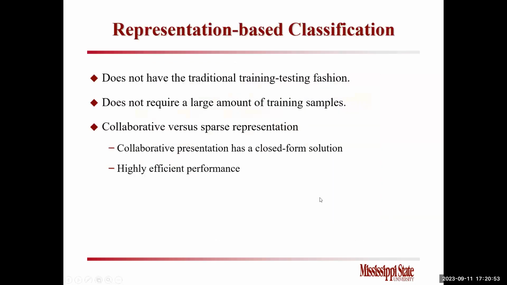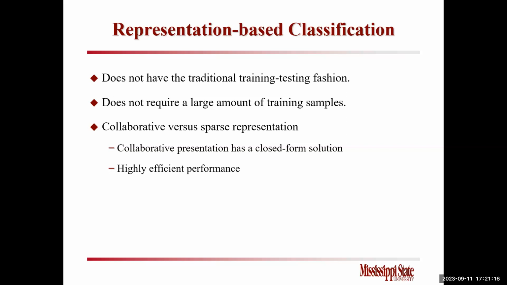Okay, so I'm going to focus on representation-based classification. Because of deep learning techniques nowadays, if you read papers, most people are talking about all different kinds of deep learning nets. They are doing classification.